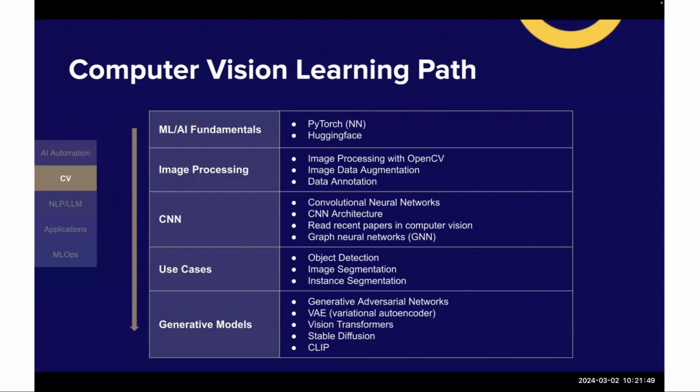So after the data and image processing, you need to learn the basic computer vision techniques related to deep learning, which is convolutional neural networks and different architectures. CNN is considered a little bit old now, it's been around for many years, but it's still one of the most commonly used.